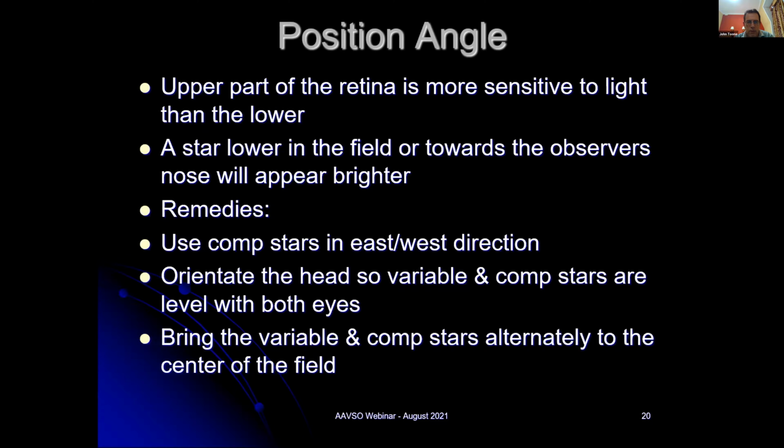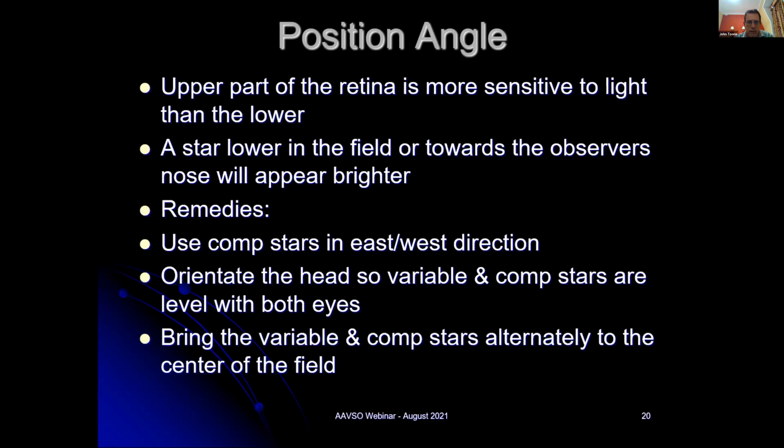When you're looking downwards, you're looking at the ground, something darker than what you would be looking at up in the sky. That's for terrestrial viewing. So over the years, the evolution of the human eye has developed to become different in sensitivity from the upper part to the lower part.